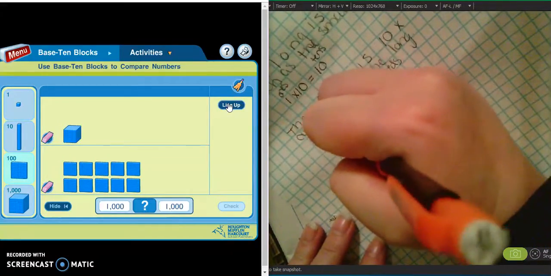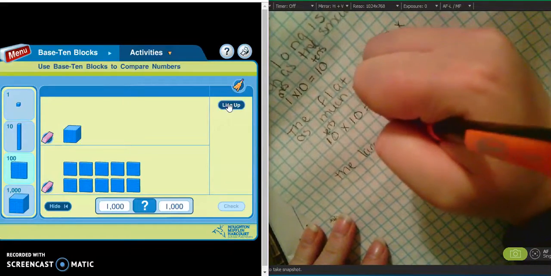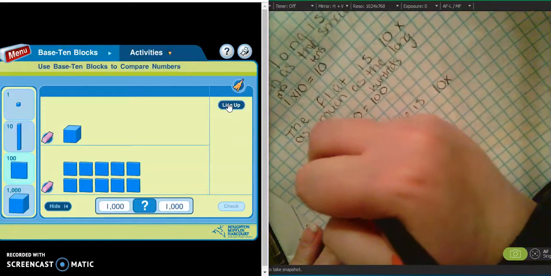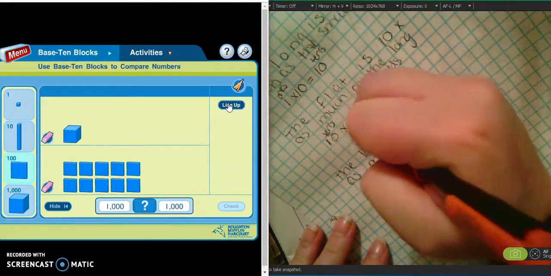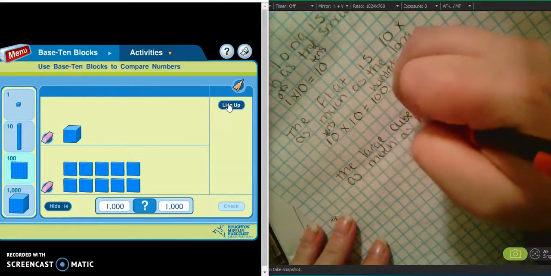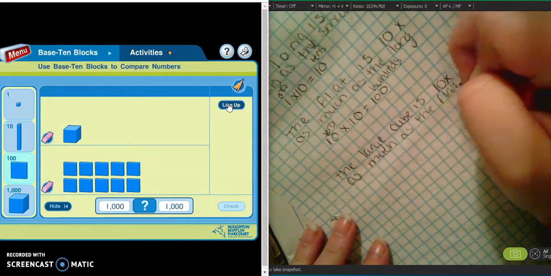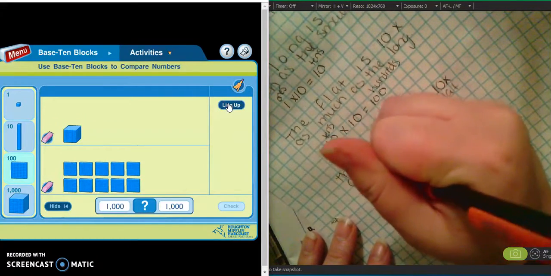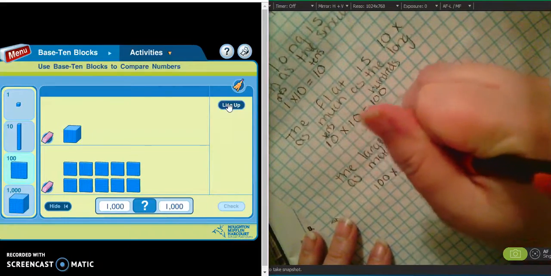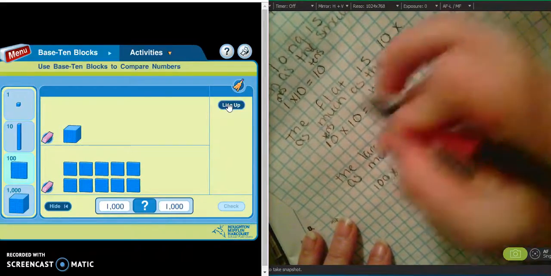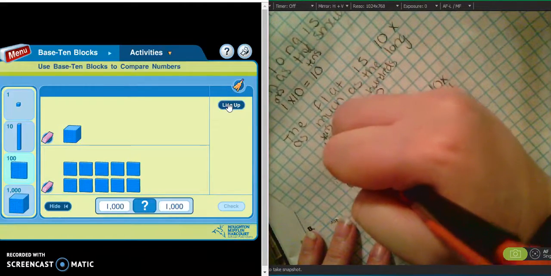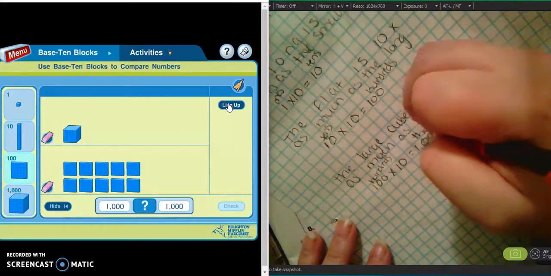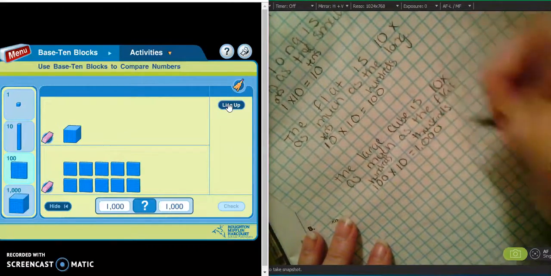So the large cube is 10 times as much as the flat, or 100 times 10 equals 1,000. So the hundreds place times 10 equals the thousands place.